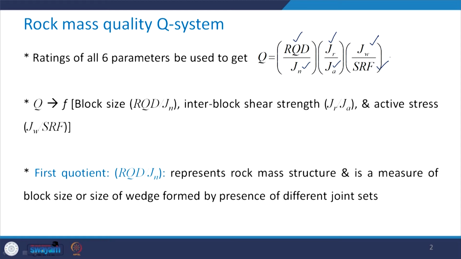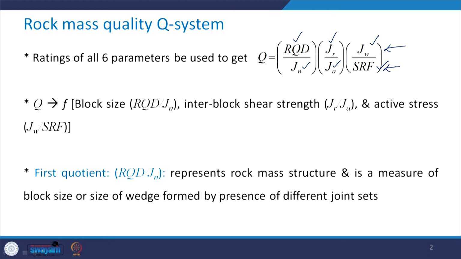And I mentioned to you that higher values of each of these parameters in the numerator represent better quality of rock mass, and lower values of these parameters which are in the denominator also represent the better quality of the rock mass.